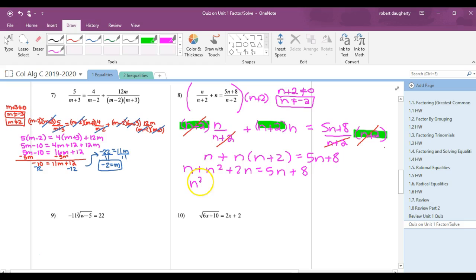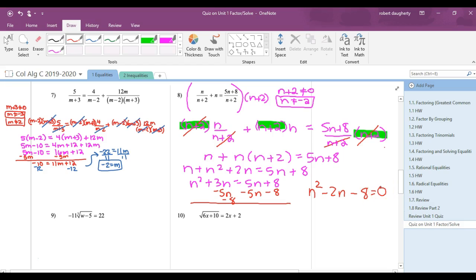I've got n squared plus 3n equal 5n plus 8. I want this to be equal to 0. So when I do all of that, I get n squared minus 2n minus 8 equals 0.